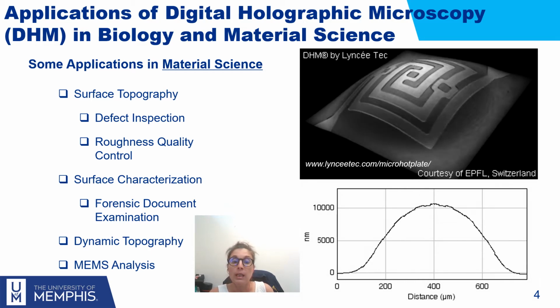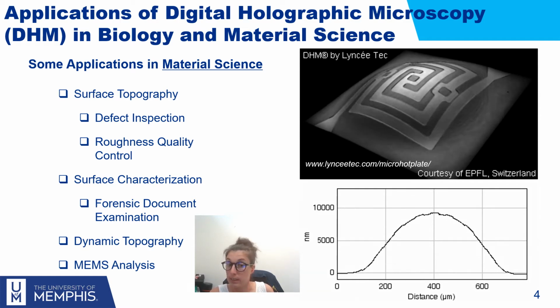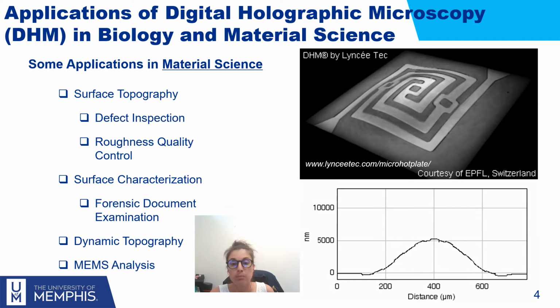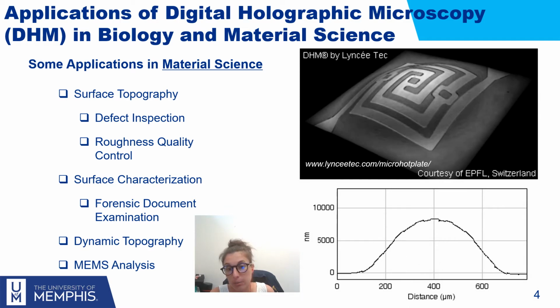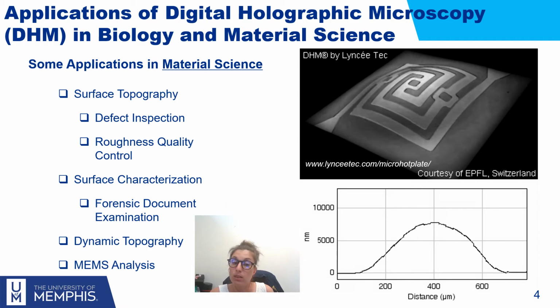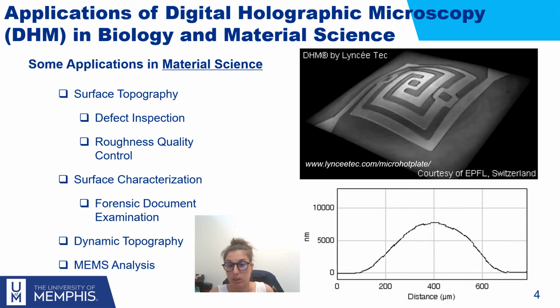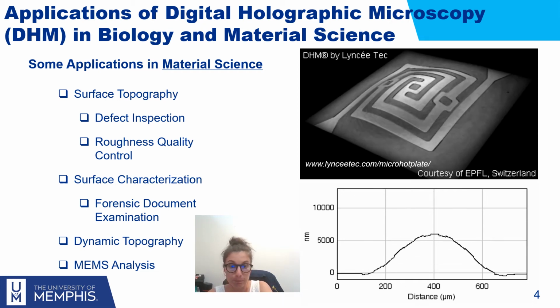We can characterize the type of surface, which is really important for forensic examination. As you see here in the video, this is completely dynamic, so we can see how the topography changes in real time, and also analyze MEMS electronic devices.